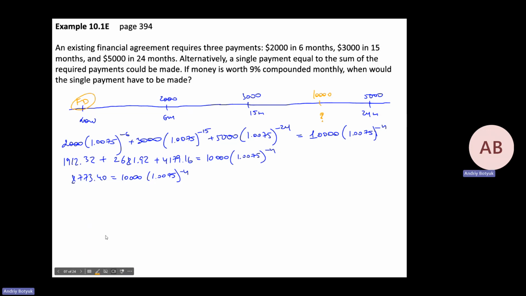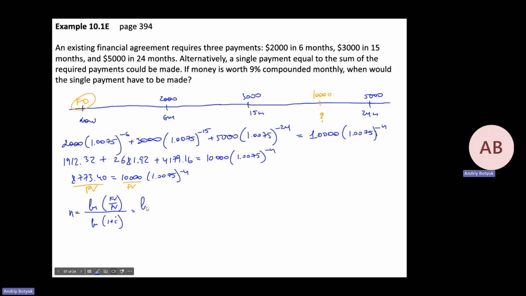Now I say this value is present value, this value is future value. I make sure that present value is less than future value, and it is, right? And formula says n equals logarithm of future value over present value, divided by logarithm of 1 plus i.